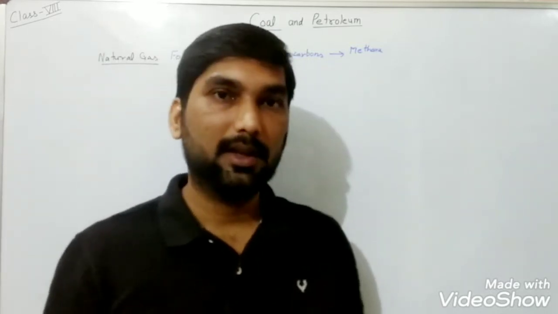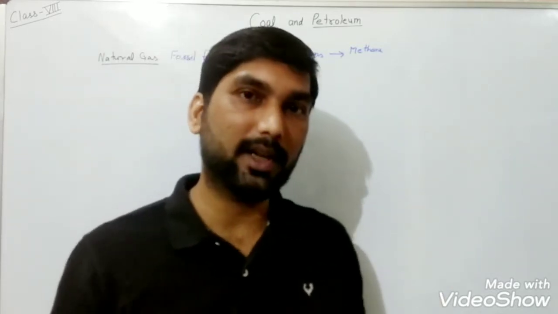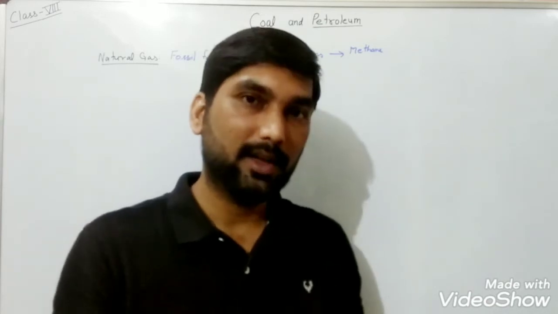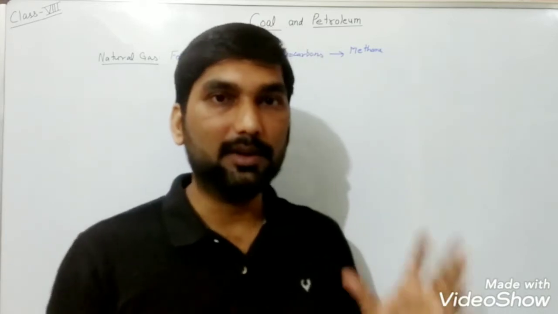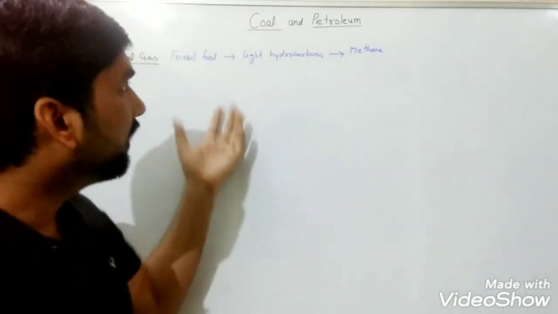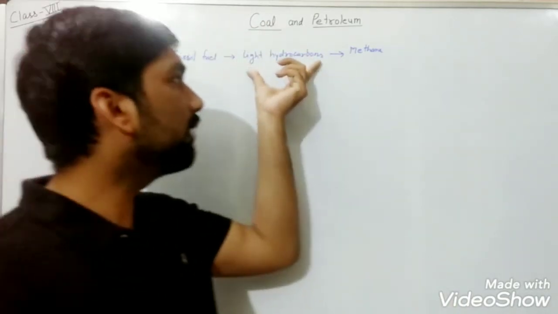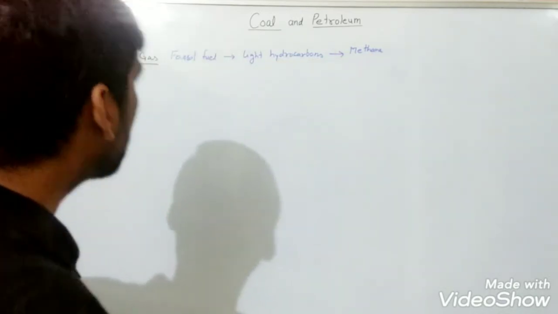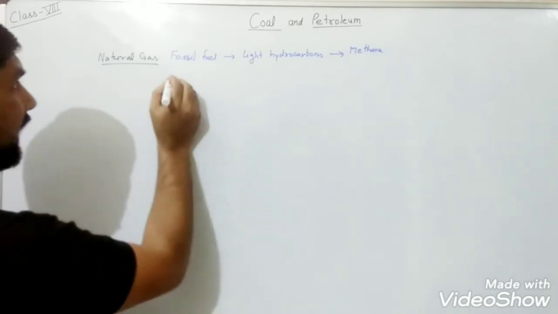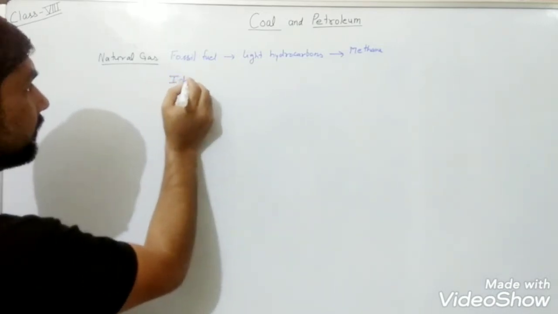And sometimes this reservoir of natural gas is also obtained alone, not along with the petroleum. So this is a fossil fuel made up of light hydrocarbons, especially of methane, and this is used as an ideal fuel.